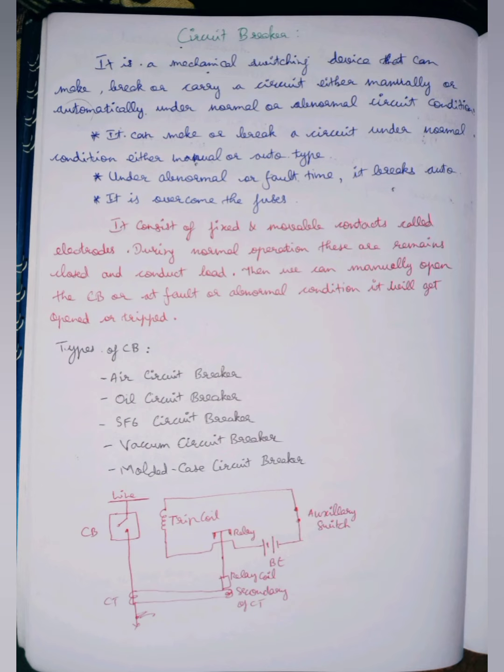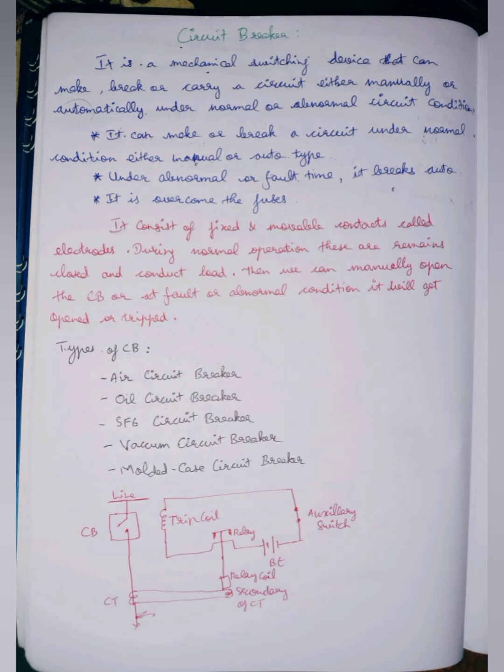Next, coming to the diagram below, there is one simple diagram drawn for a circuit breaker. Normally the circuit breaker is connected with the line and the CT, which senses the current going in our line. The tripping circuit, which means the trip coil, is connected with your relay, and that relay senses the secondary current in your current transformer.